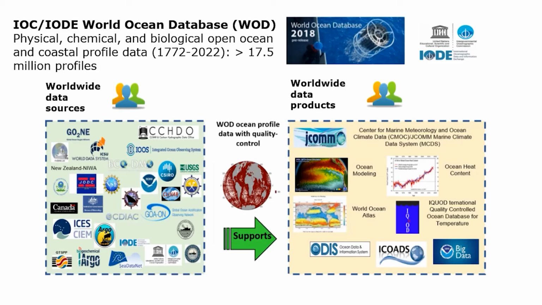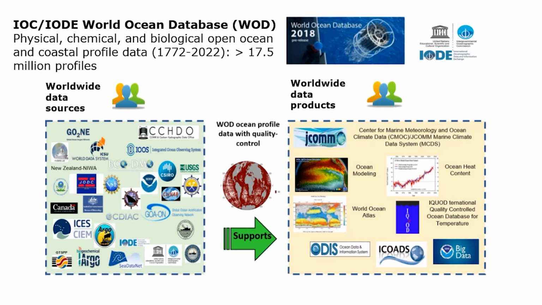Let me illustrate a few of the utilities behind the World Ocean Database. The World Ocean Database seeks and receives data from many worldwide data sources, which provide data with open access. The data that are in these locations and data providers come in multiple formats and contain different degrees of metadata.